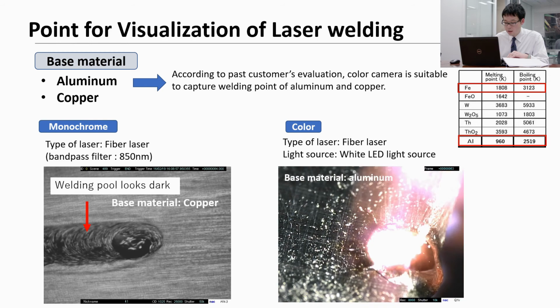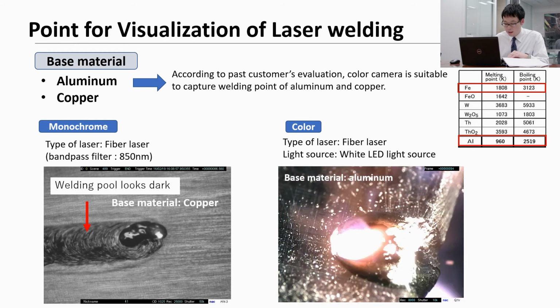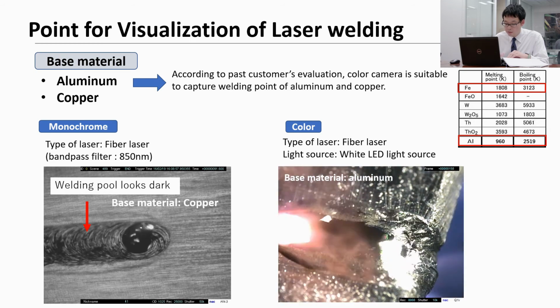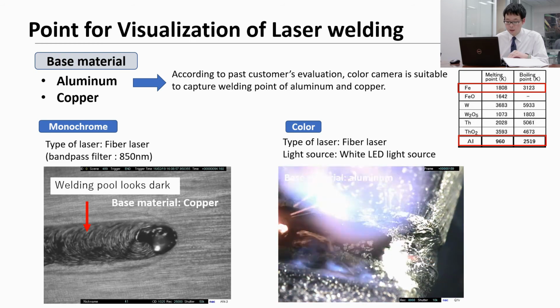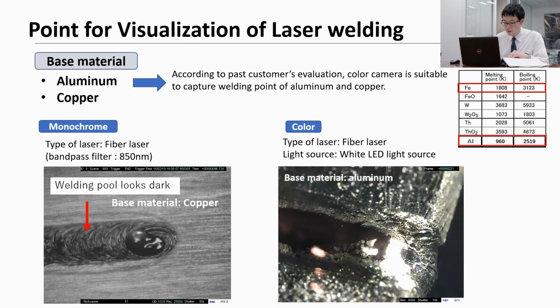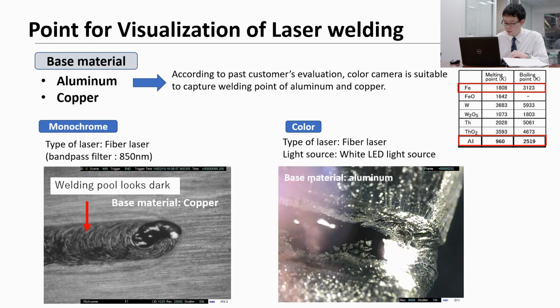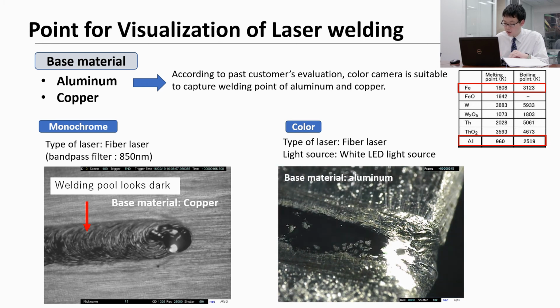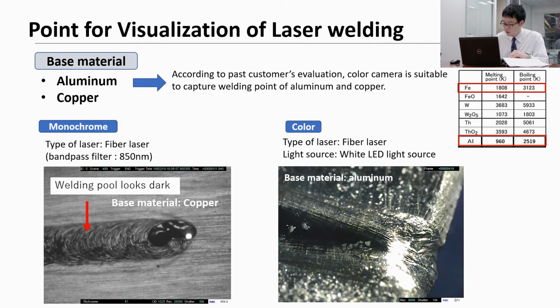Like this image on left side. If we shoot welding pool of copper with mono camera, the welding pool shows little dark. In the image of right side, we shot the welding pool of aluminum with color camera. Many people might think that image is more clear, and they can observe the behavior of welding pool more clearly.